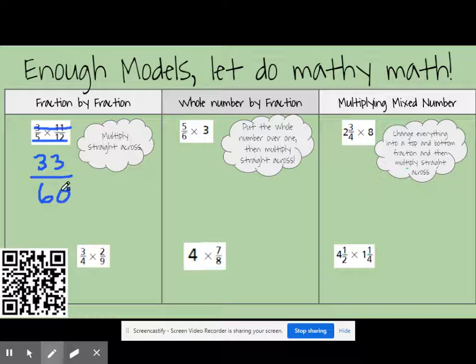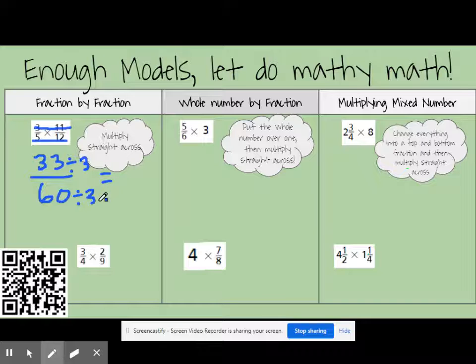Now the math gets more complicated because this, unlike the previous examples, is not simplified. You can simplify 33 over 60 by figuring out what is the biggest number that goes into each. Well, I know 3 goes into both of them. So you have to divide the top and the bottom by 3, okay?